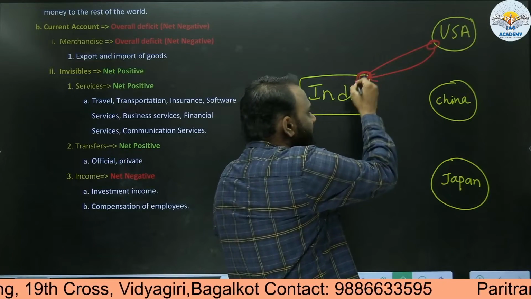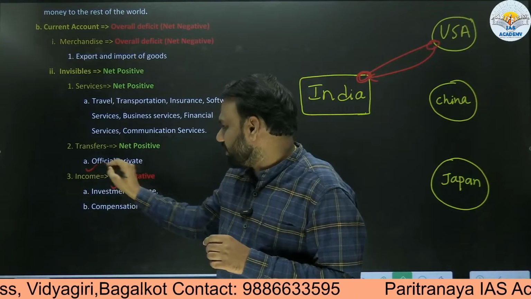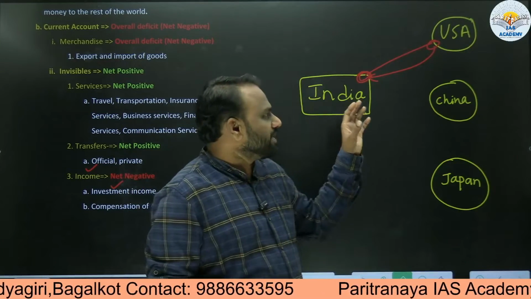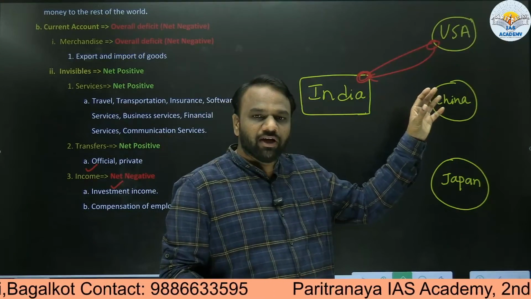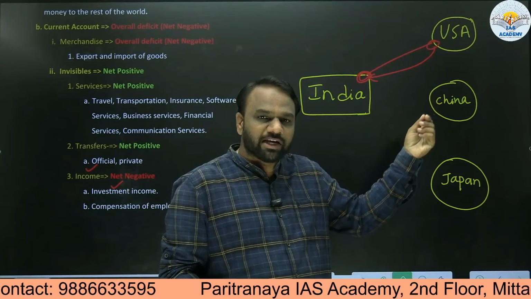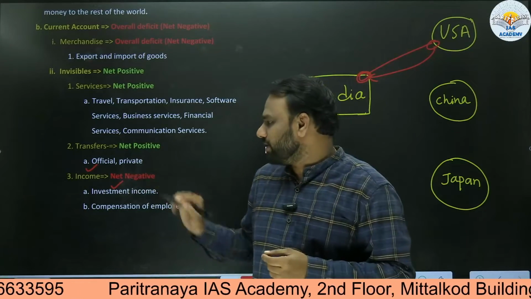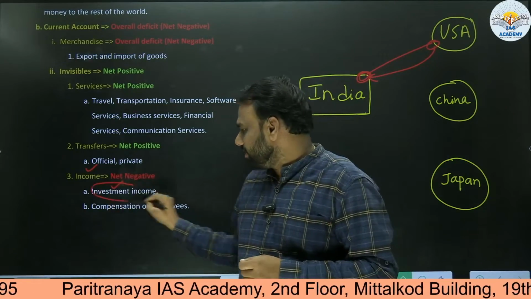The returns India is getting are called investment income. After getting profit, at the end of every financial year, the USA company will send back dividends or interest. That will be part of investment income.